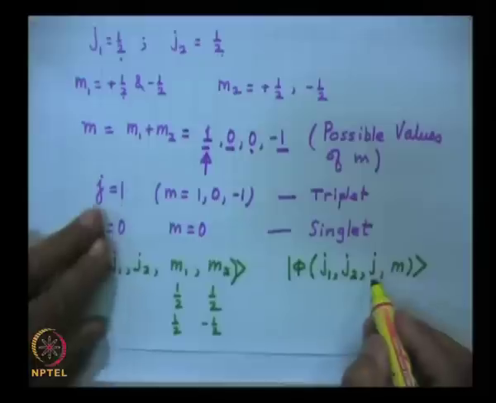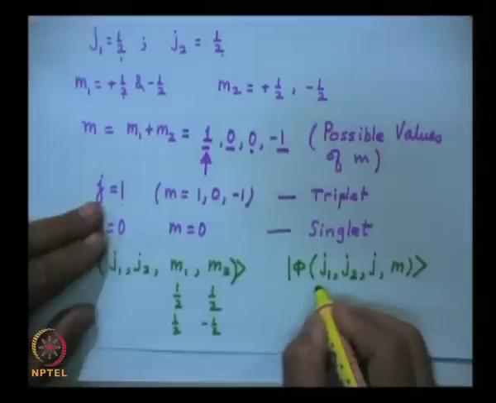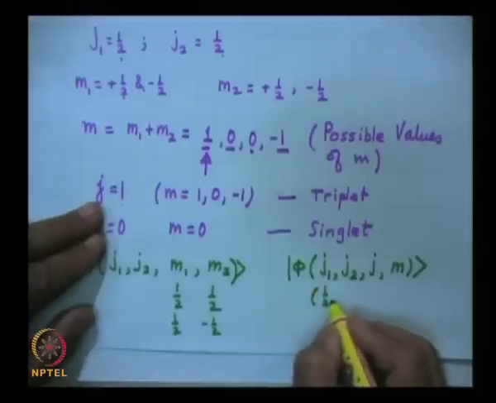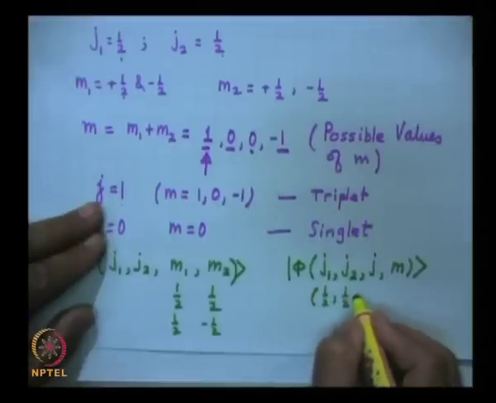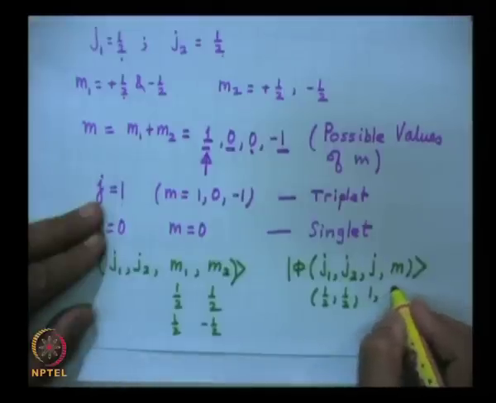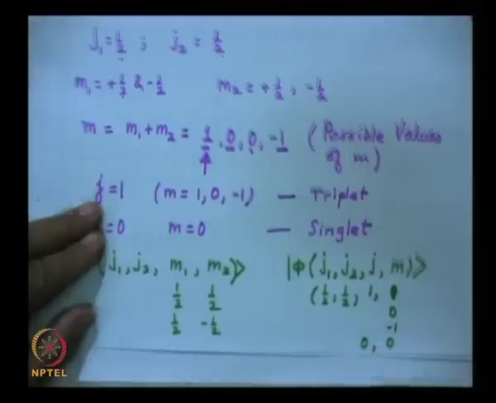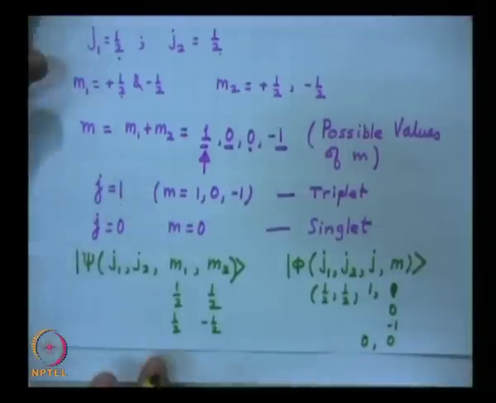So, we have J is equal to 1. So, there are 5 functions. So, this is half half, J 1 and J 2 are half, this is 1 and so you have 0. So, m is 1, 0, minus 1 and then j is equal to 0, m equal to 0.